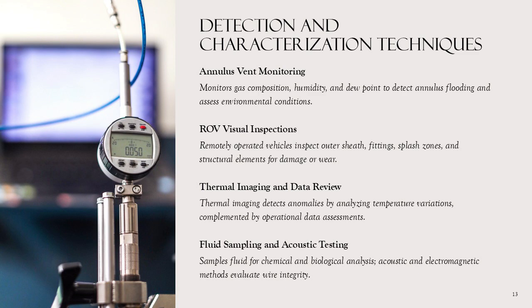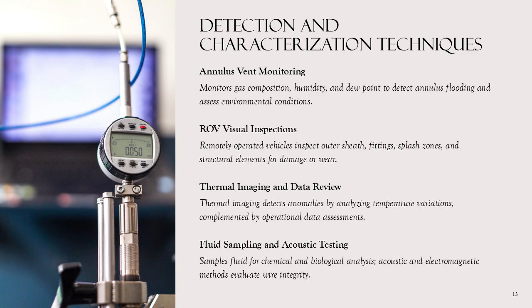Inspection techniques for detecting annulus flooding include annulus vent monitoring for gas composition, CH4, CO2, H2S, O2, humidity, and dew point measurements, vacuum/hold tests, and pressure response analysis. ROV inspections focus on outer sheath condition, end fittings, splash and wave zones, and touchdown points, including strakes and fairings.